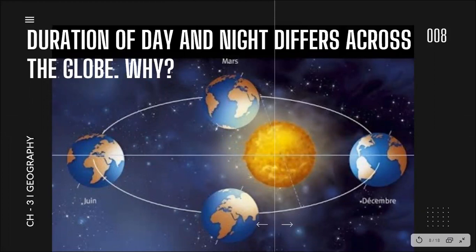Whereas when the sun's direct vertical rays are on the Tropic of Capricorn, the South Pole experiences 6 months of daylight, while the North Pole experiences 6 months of nighttime. So that is the reason why the duration of day and night differs across the globe on Earth.